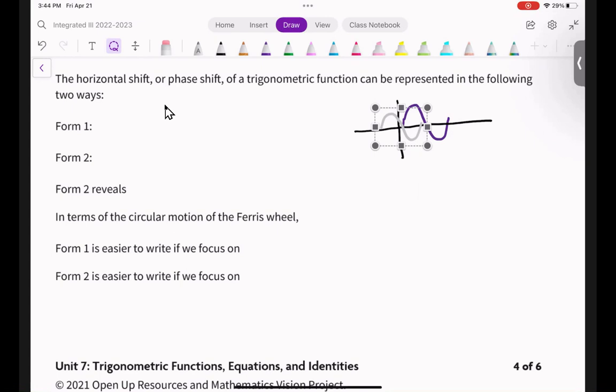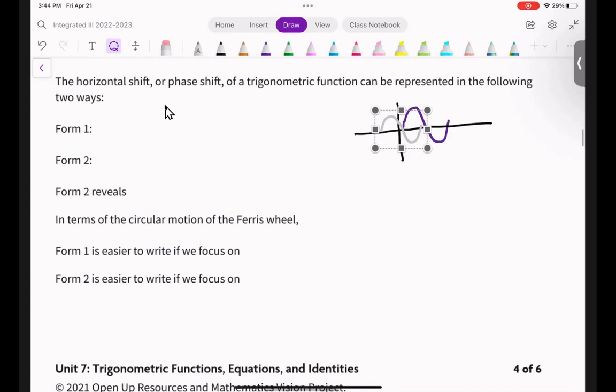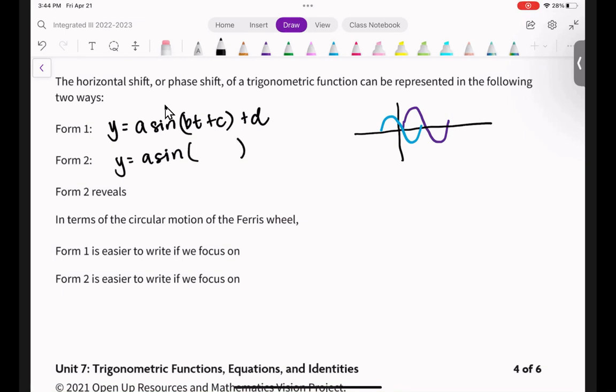But here's your two forms. The first form that we looked at was y equals a sine of bt plus c, plus d. And the other form was y equals a sine, notice these are the same, plus d. The a and the d are still exactly the same, right? Except this time we have this distribution inside here.